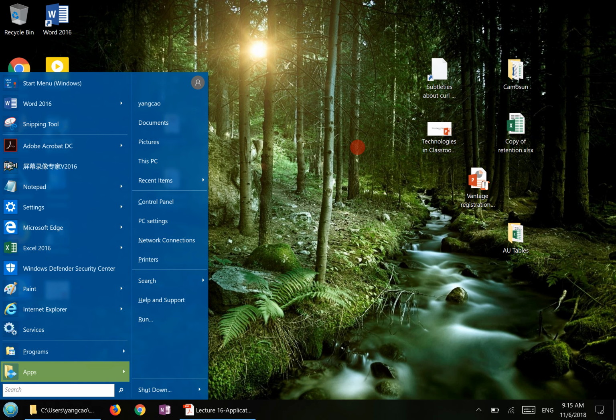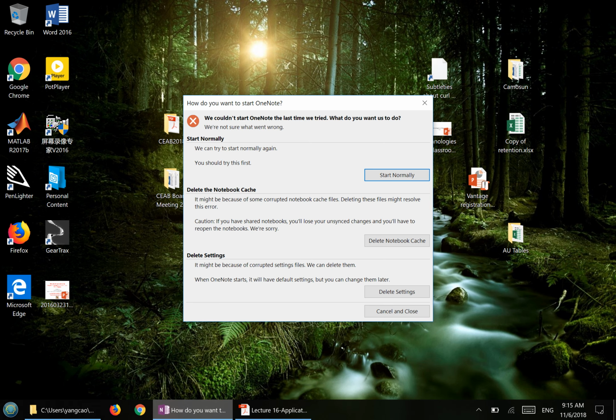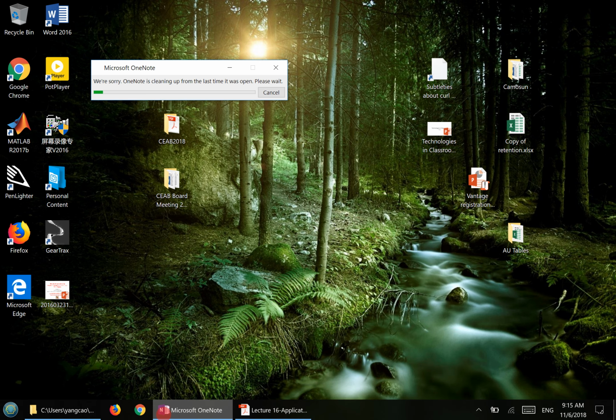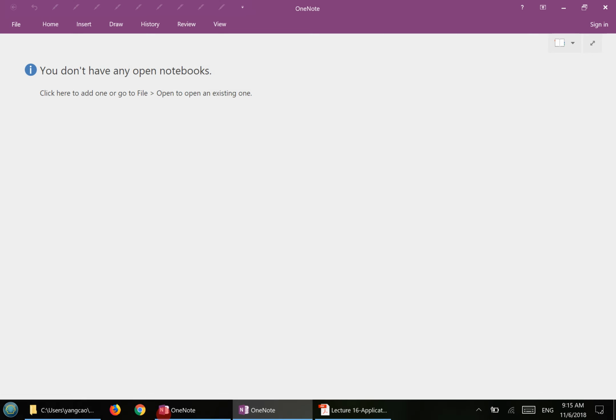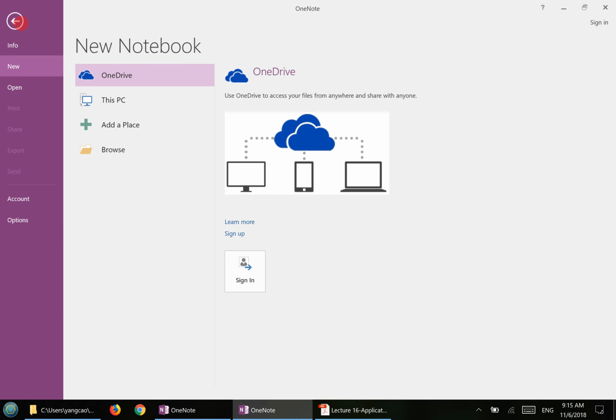It's plugging a little bit of power. When the video is running in the background, sometimes the computer is getting hot. That's probably why. Seriously? Where did my file go?